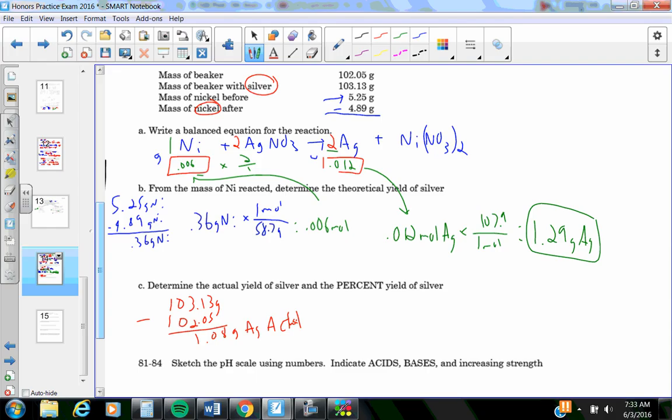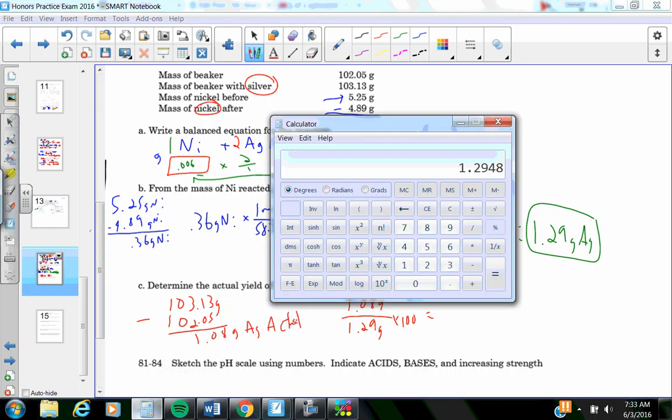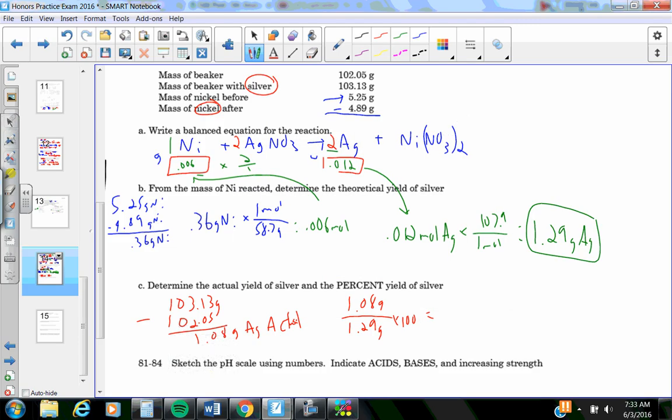We only got 1.08. 1.08 grams actual divided by the theoretical of 1.29 grams times 100. It doesn't seem right, so I'm going to redo that. 1.08 divided by 1.29 times 100 equals 84%. 84% yield.